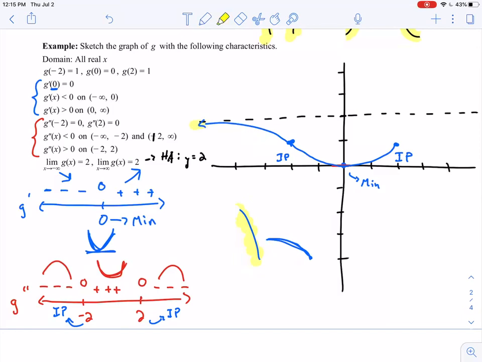And we should be able to check as we move from left to right, is our function decreasing? Well, yes it is. Is it concave downward? That one might be a little bit harder to tell, but yes, our graph is concave downward there. We should see some similar behavior on the right-hand side as well. So over there, we said our function was concave down. So okay, let's draw the function which is concave down.